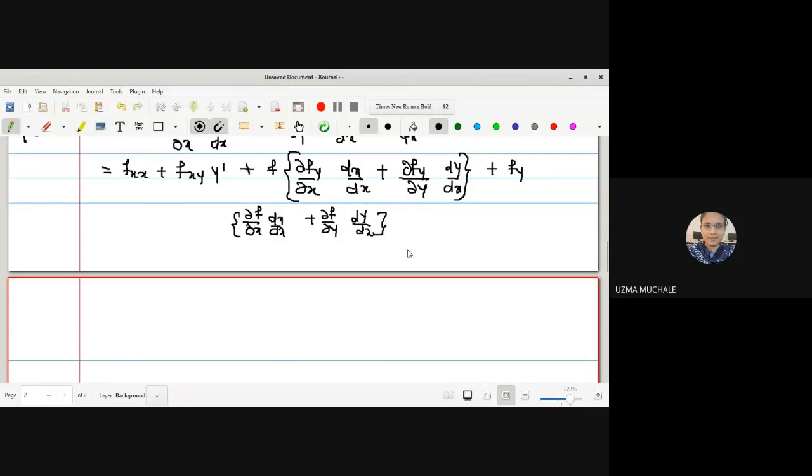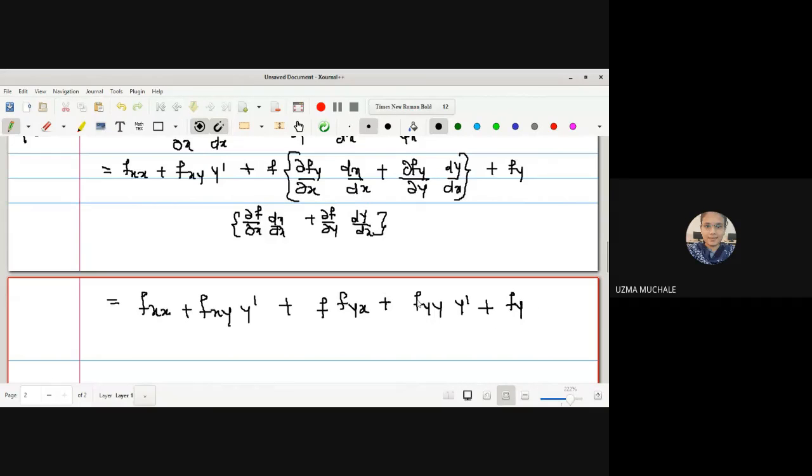Okay, simply we are evaluating the partial derivative as well as the product rule. So let me write down the first terms as it is: fxx plus fxy into y dash plus f as it is. The derivative of fy with respect to x I can write as fyx, and dx with respect to x is 1. Next, fyy y dash plus fy as it is.